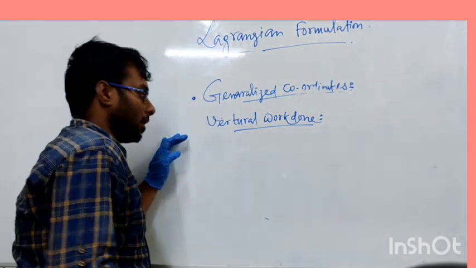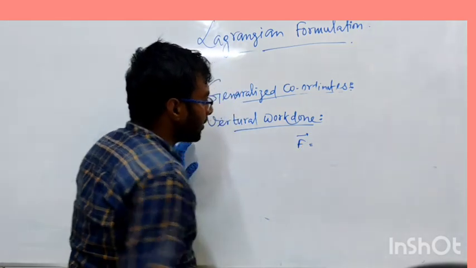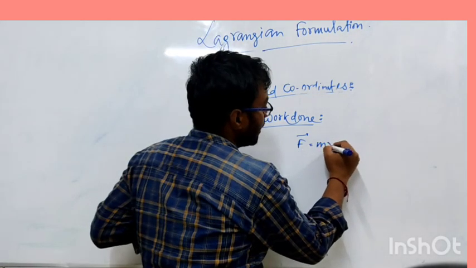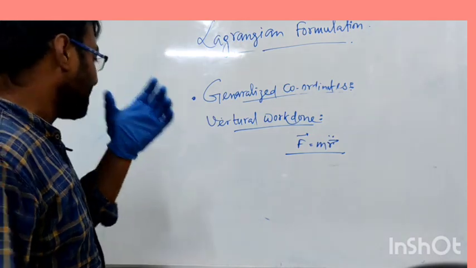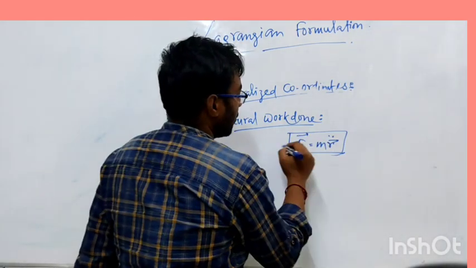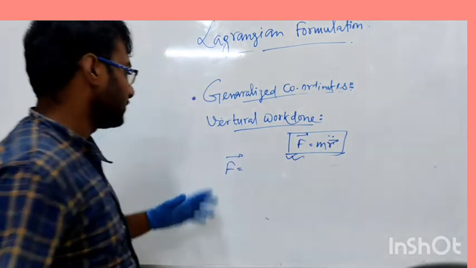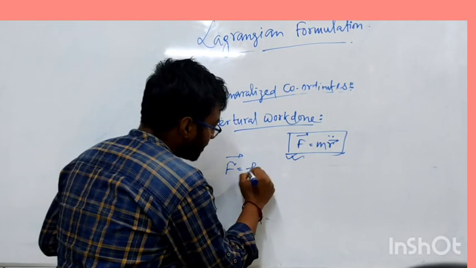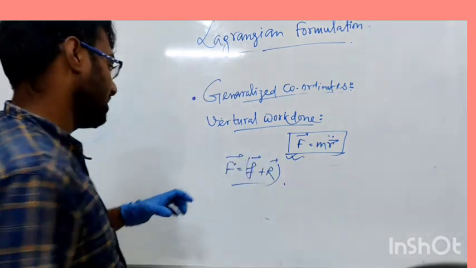We know from Newton's equation, F equals m into r double dot. But what is the nature of the force? The force is equal to F plus R. What is F and what is R?